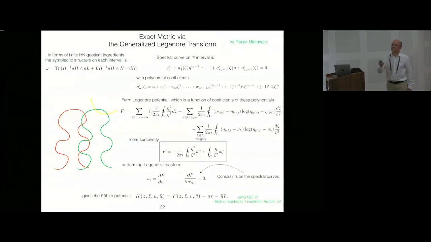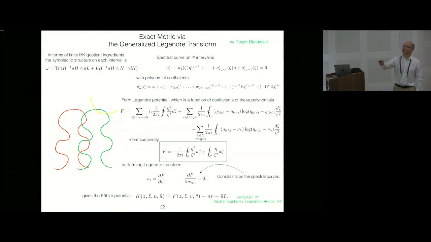Then we derived with Roger Bielawski the Kähler potential on the moduli space. So first let's parameterize the moduli space. Every curve can be written this way. So in TP1, we parameterize the base P1, the Riemann sphere, by zeta. And eta is the natural coordinate in the fiber, so that eta d/dzeta is the natural tangent field.